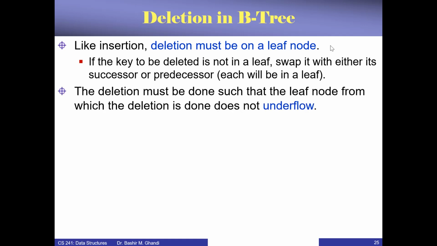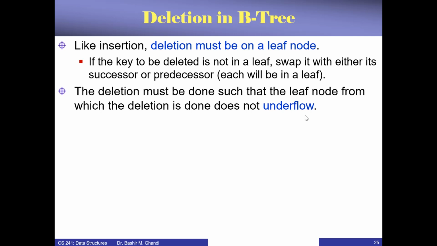Deletion must be done such that the leaf node from which you are deleting does not underflow. In insertion, our worry is overflow: a node should not have more than what it can take. Here it is the reverse: a node should not have less than the minimum allowed. As we know in a B tree, a node cannot have less than ceiling of m/2 minus 1 keys, unless it is a root, which can have 1 key.